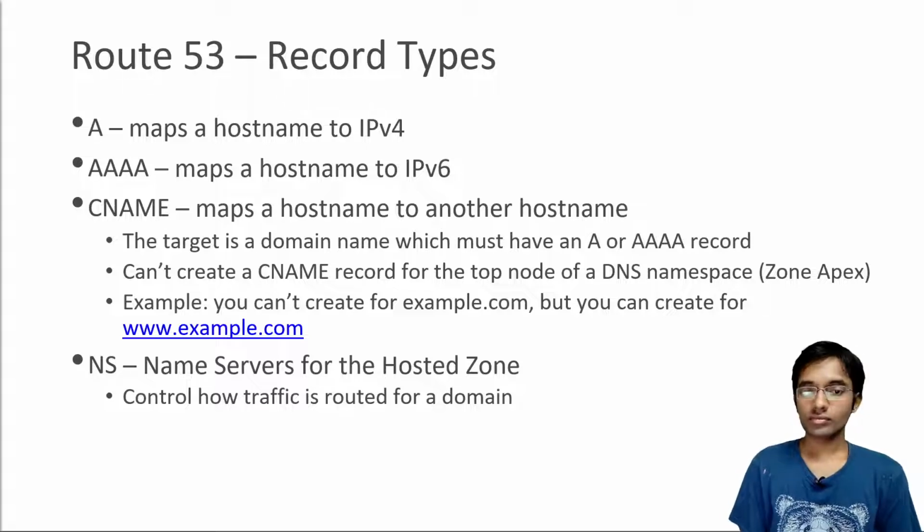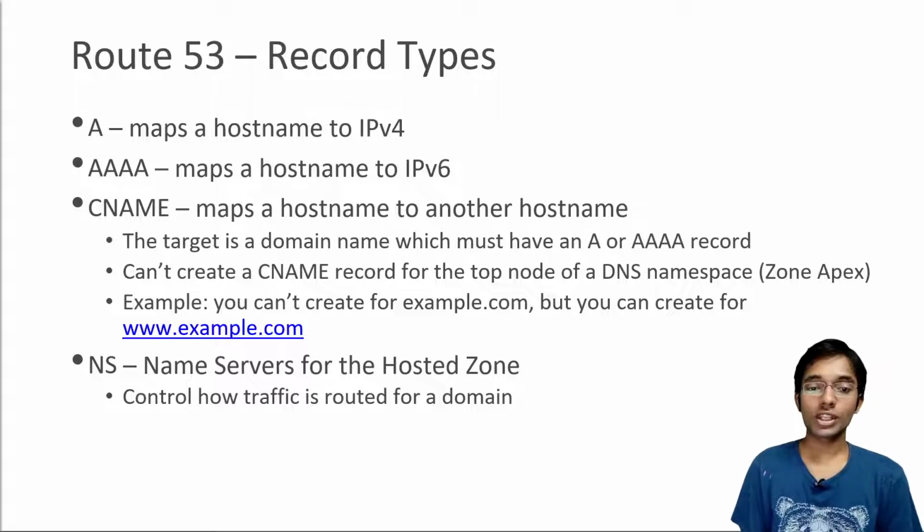We have the A type that maps a hostname to IPv4. We have AAAA types which map the hostname to IPv6. We have CNAME to map a hostname to another hostname, in which the target of the hostname must be an A or AAAA record.